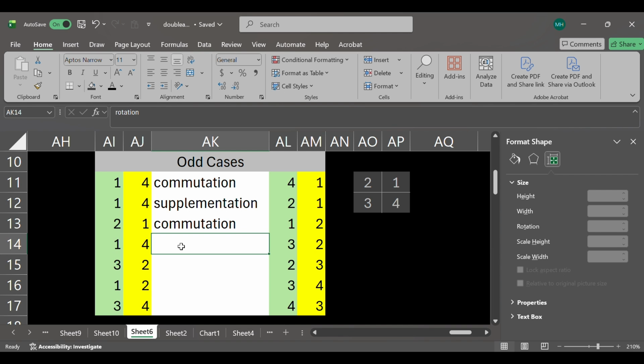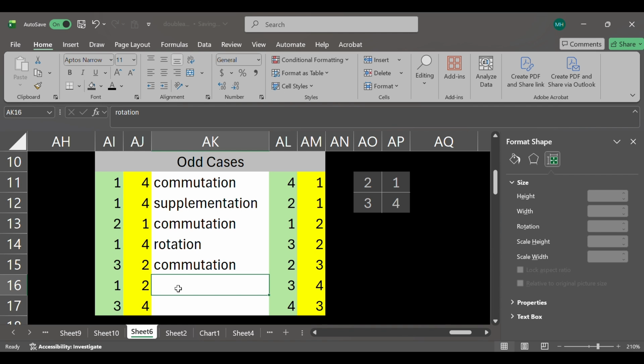That's a rotation. 3, 2 to 2, 3, commutation. 1, 2 to 3, 4. That's a rotation. 3, 4 to 4, 3, commutation.